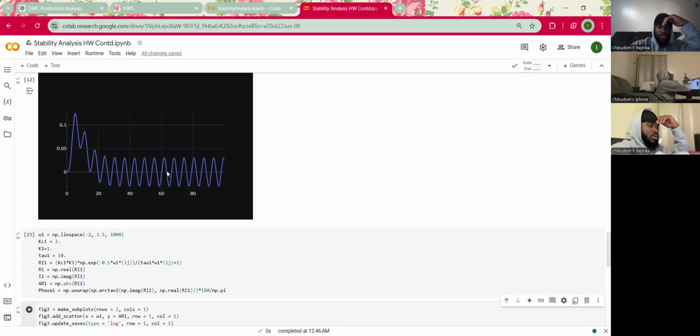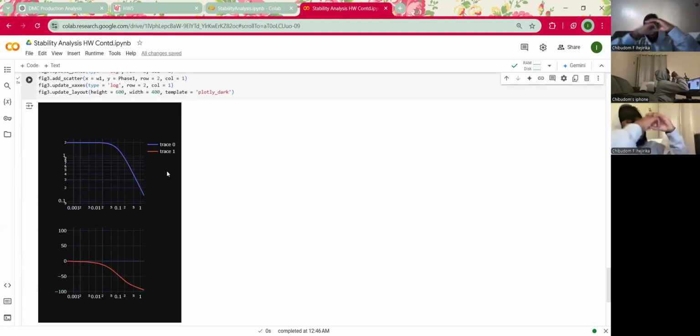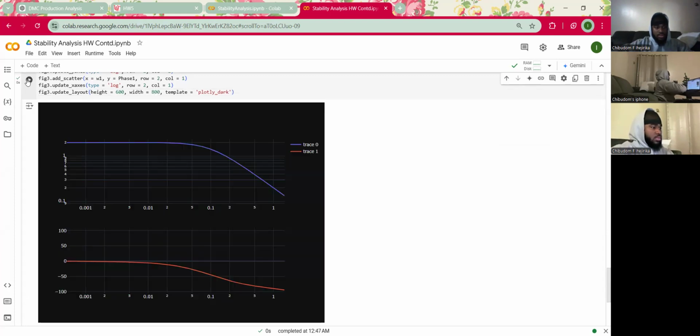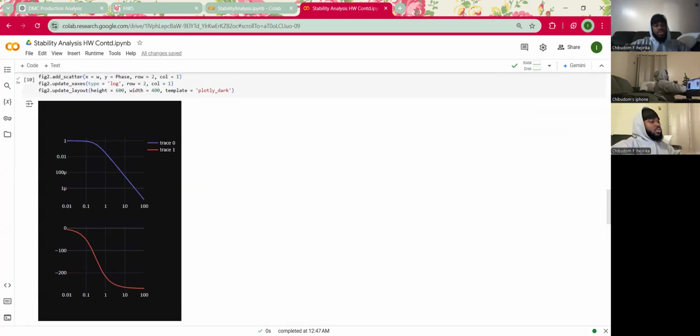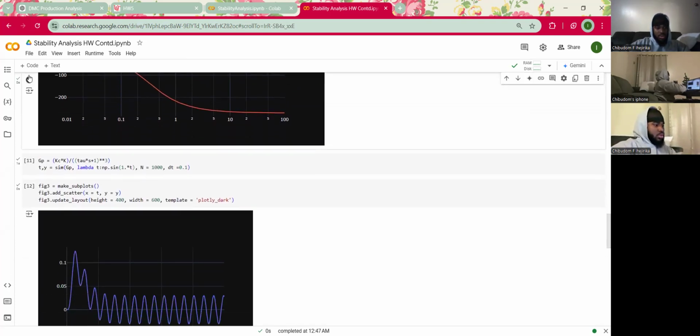You can compare both and see the difference in values. Let me extend these as well, to see what the difference is between these two.